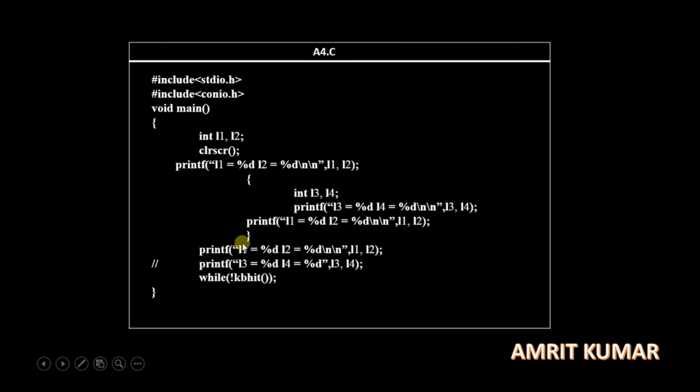What if I say I am declaring I3 equal to %d, I4 equal to %d outside? Then their life has died here, because the life span, or we can say the life period, of I3 and I4 is within this curly braces and not out of this curly braces. Therefore, this is not going to be printed on your computer.